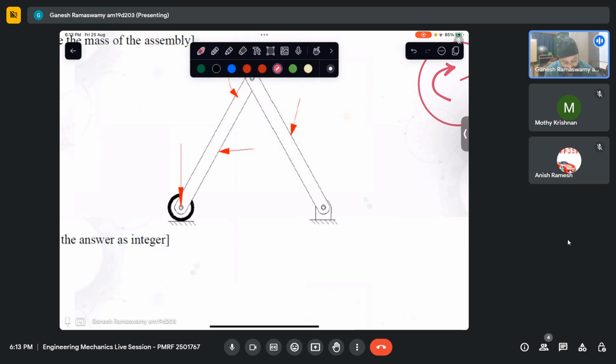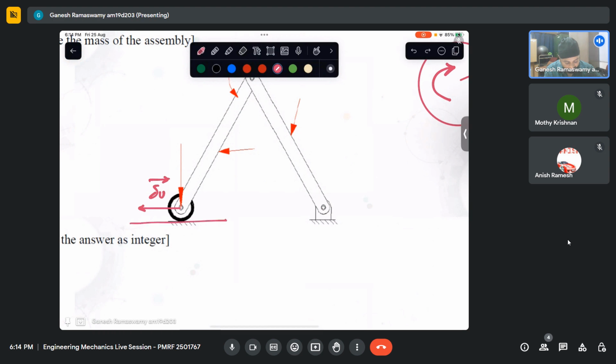Another thing is, if I were to lift this up, even then the roller loses contact with the floor. In essence, we are not respecting the constraint of the system. Now, if I give a virtual displacement like that, then we are not violating any condition. So I hope that is clear.